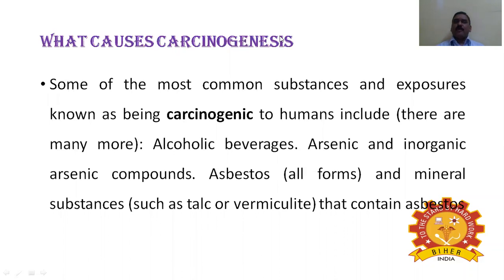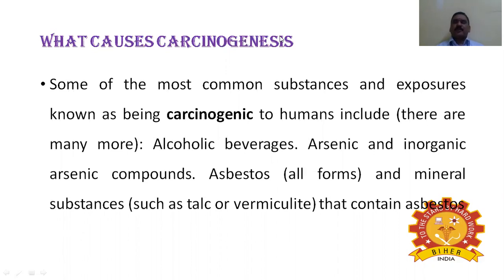Next, I'm coming to what causes carcinogenesis. There are three different types of carcinogenesis: physical carcinogenesis, chemical carcinogenesis, and biological carcinogenesis or oncogenic. Let us see one by one. Today we are going to see physical carcinogenesis.